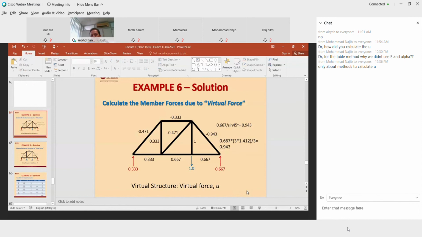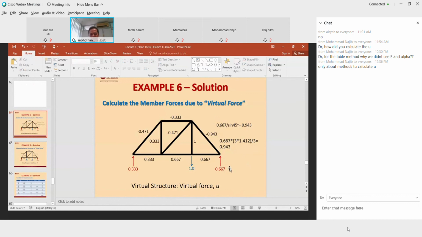What is 3 here? 3 is the vertical distance. Why do we take the vertical distance? Because 0.667 is the vertical force.